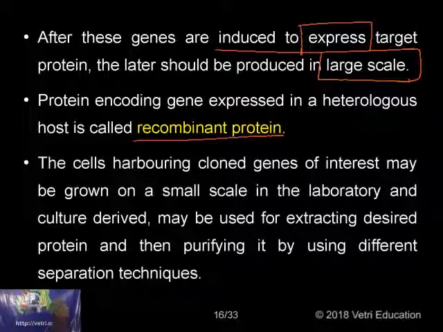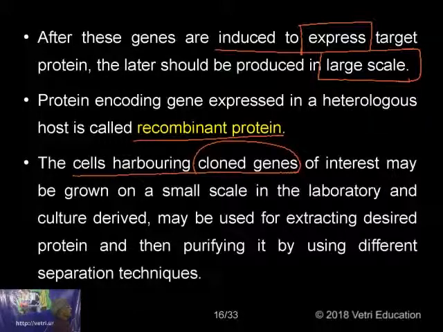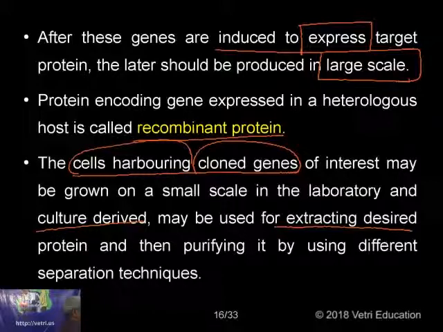The cells harboring the cloned genes: we have taken a particular gene and cloned it. The cells are carrying this. Now these cells which are carrying our desired genes are cultured and then used for extracting the desired protein, because it is with that aim we have transferred the gene.